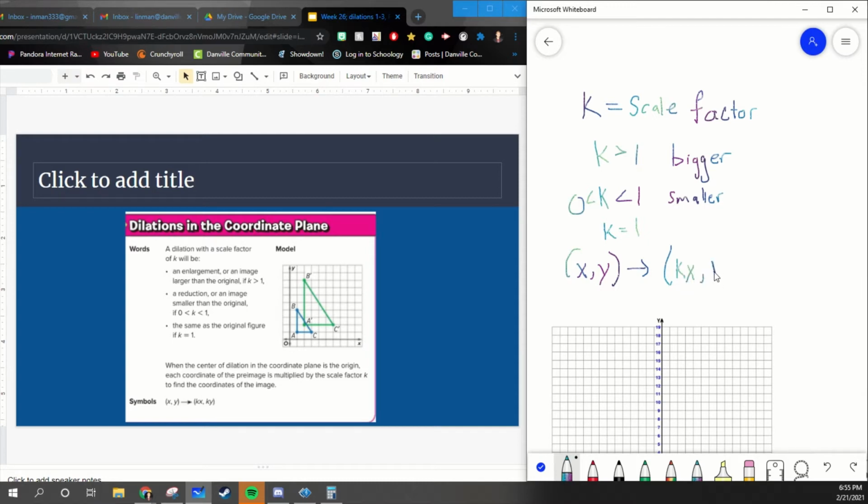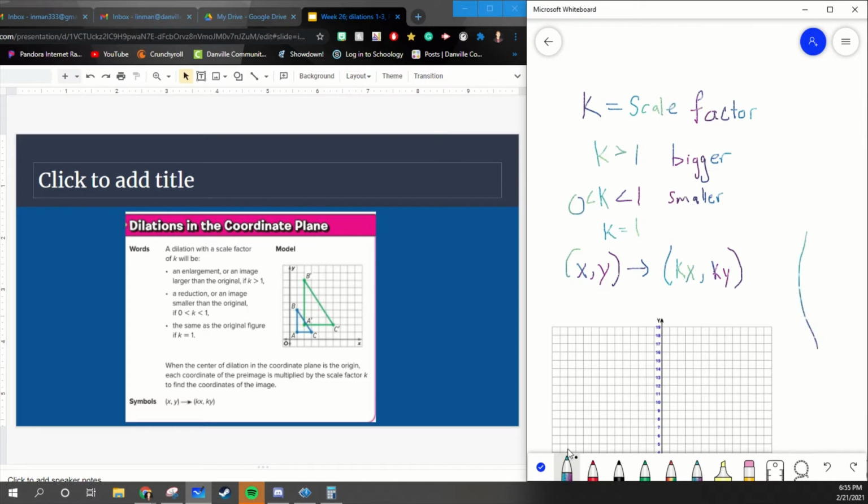So you'll have k times x and k times y, and that's all the calculations you have to do. Here, A is at (1, 1) and A prime is at (2, 2), so they must have done a scale factor of 2. They multiplied x by 2 and y by 2 and got (2, 2), so this is 2 times larger than the original pre-image.